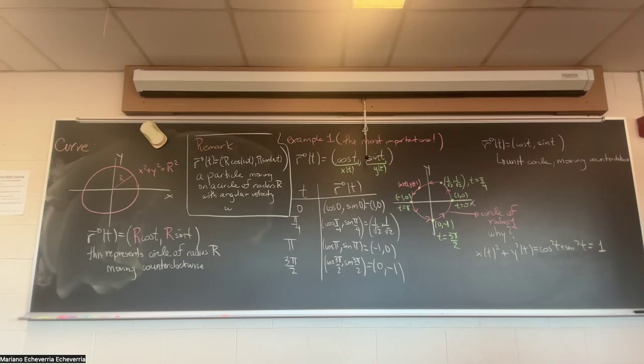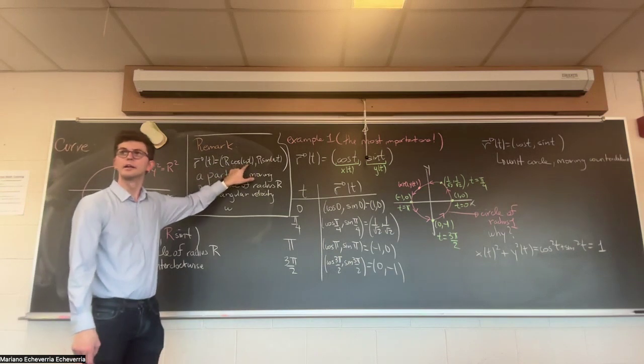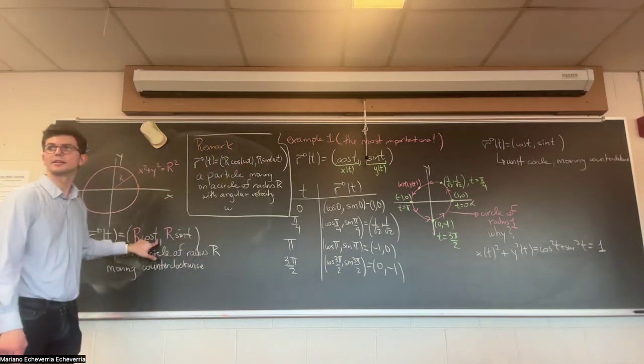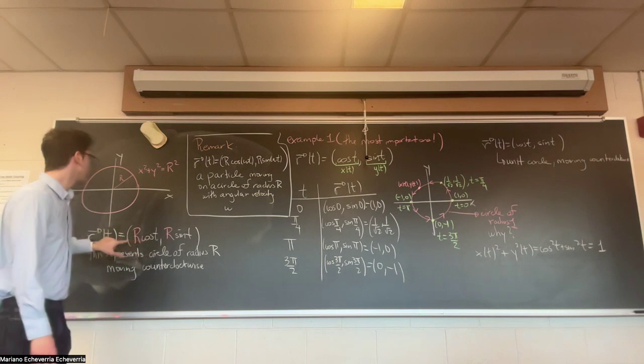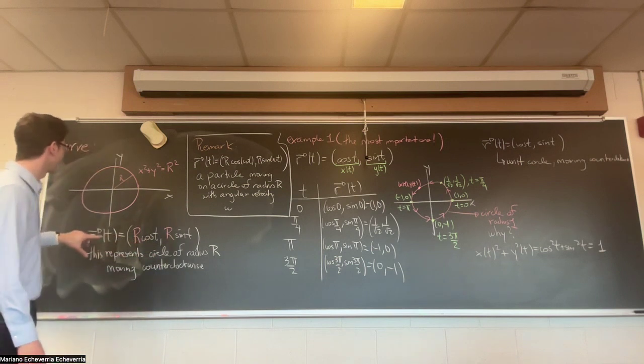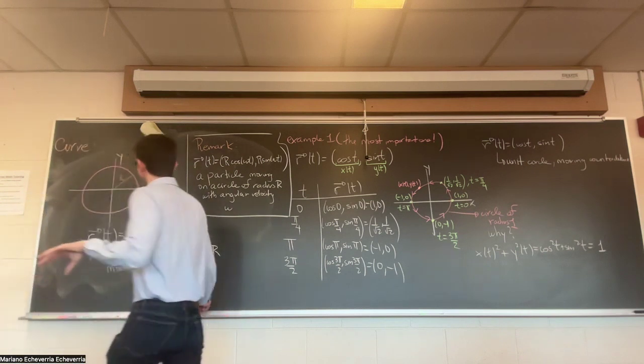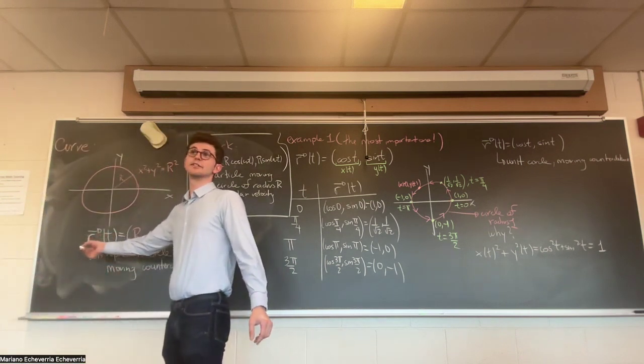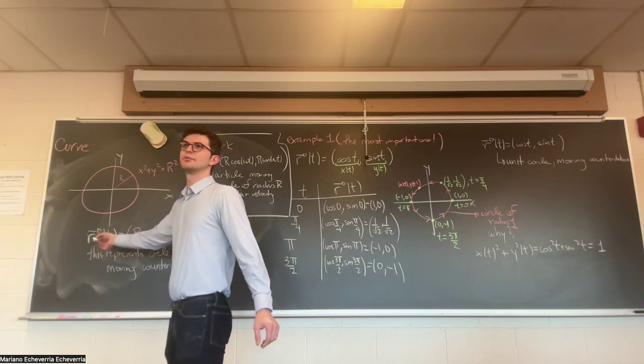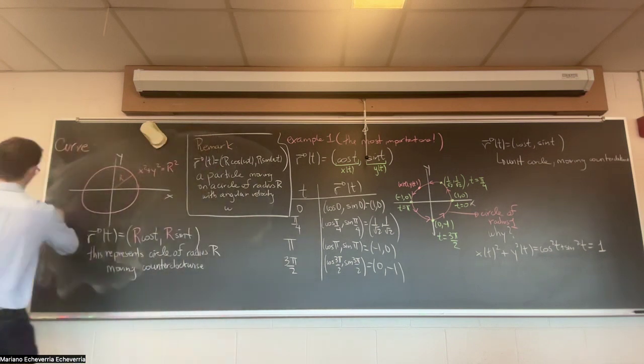Let me just answer this question. Cosine t over, you mean putting the r inside the cosine? So for example, you can plug in some values of t. What happens if you put t equals 0?